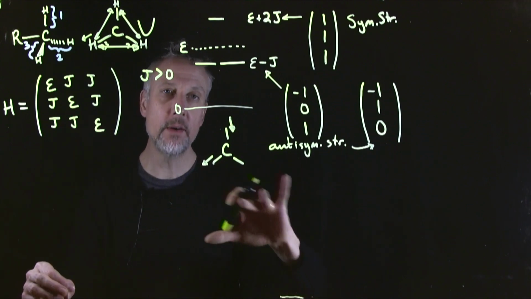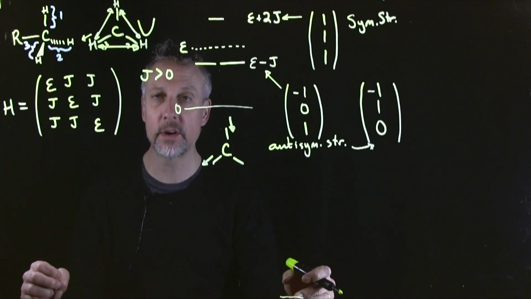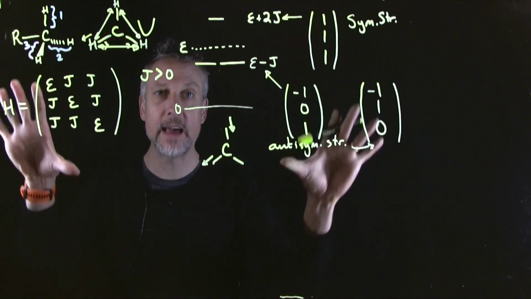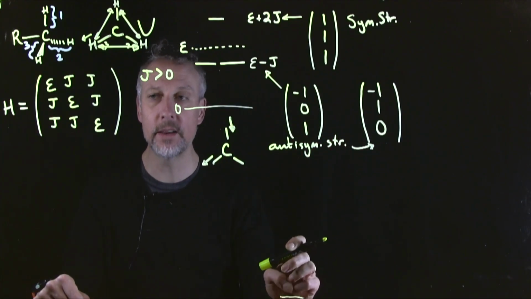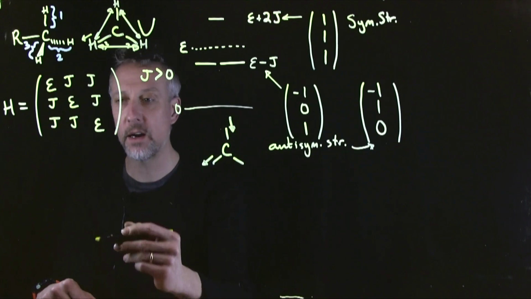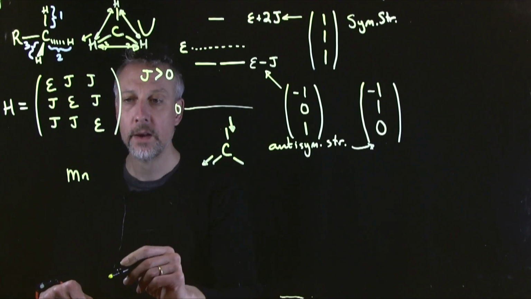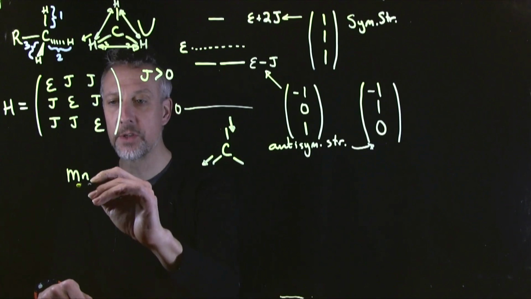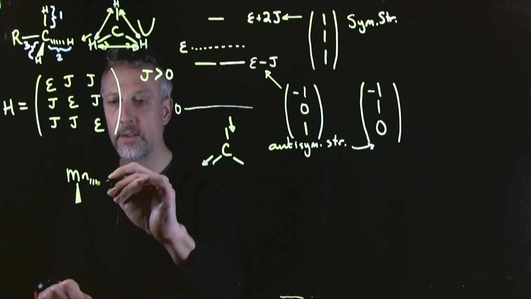What I'm going to do right now is tell you about a similar kind of molecule which fits this exact same pattern, but is a very different looking molecule indeed. So let's imagine a metal carbonyl, an organometallic complex, where I have, for example, a central manganese atom which is bound to 3 carbon monoxide ligands.